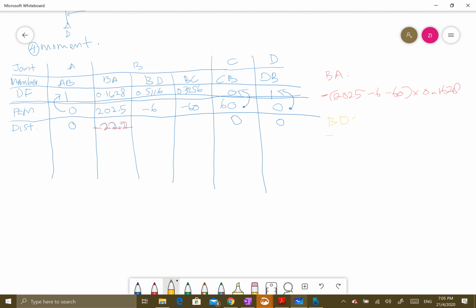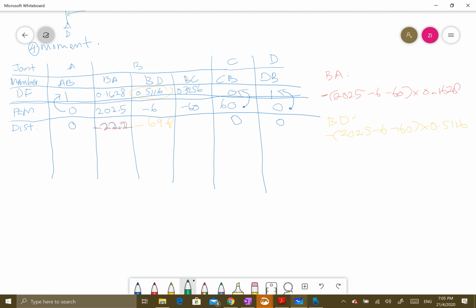So it should be negative 202.5 plus negative 6 plus negative 60 times 0.5116, which is here. So you will get the value as negative 69.8.